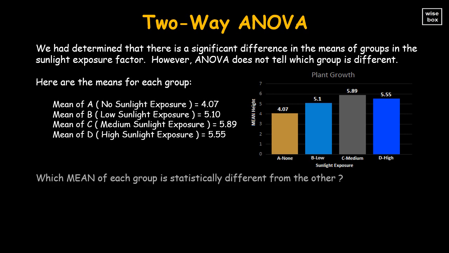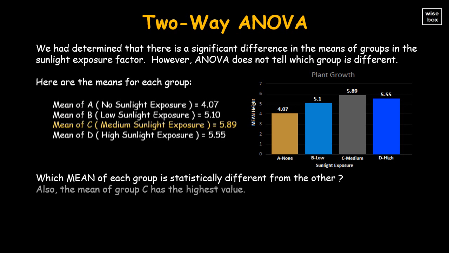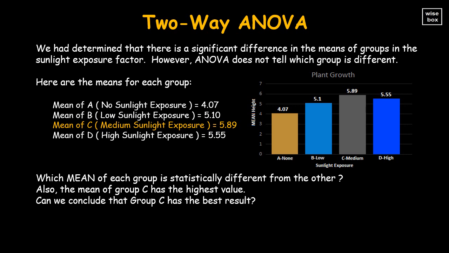Which mean of each group is statistically different from the other. Also, notice that the mean of group C has the highest value. Can we conclude that group C has the best result? Statistically? Not yet, of course.